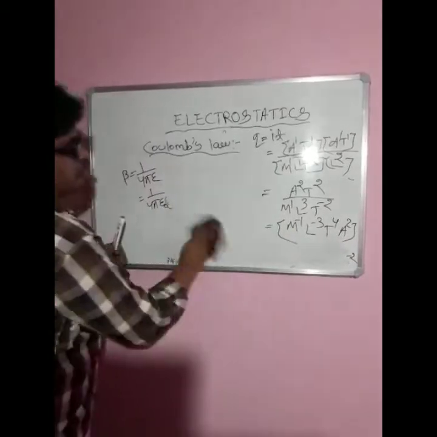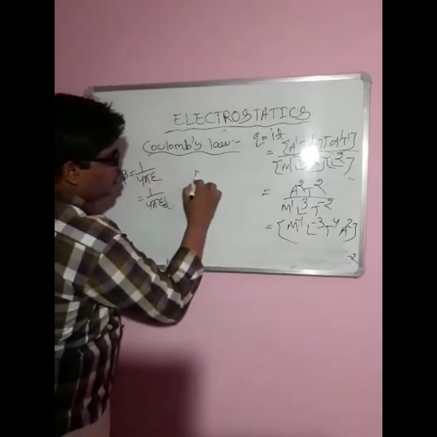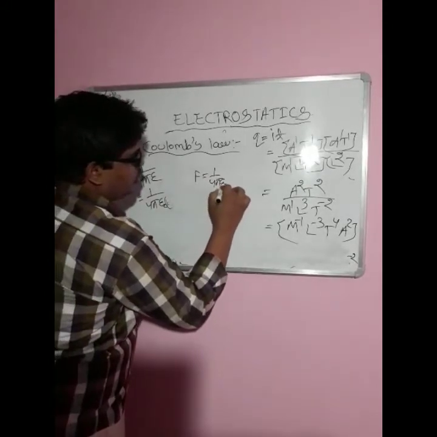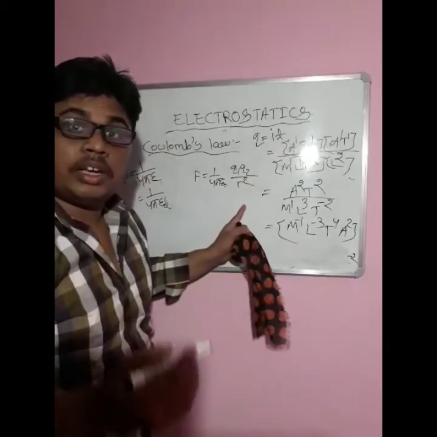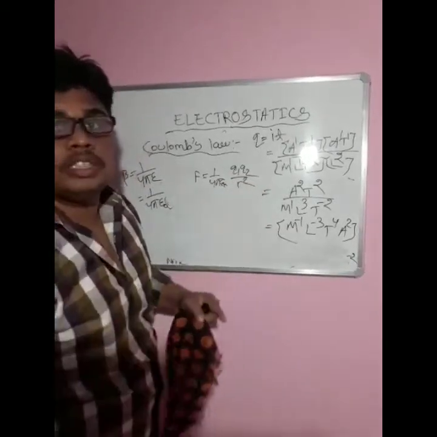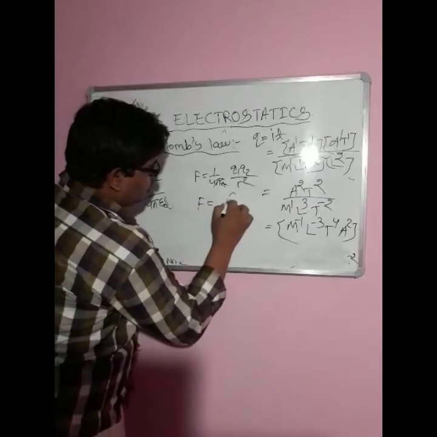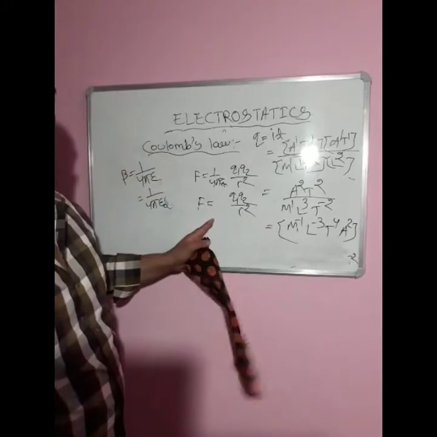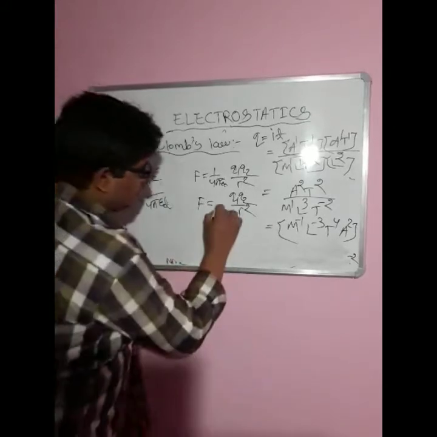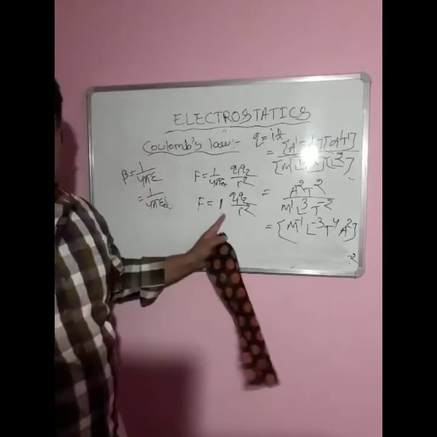The beta value for MKS, we know F is equal to 1 by 4 pi epsilon 0 Q1 Q2 by R square. For SI, and for CGS, F is equal to Q1 Q2 by R square, because beta value is 1.